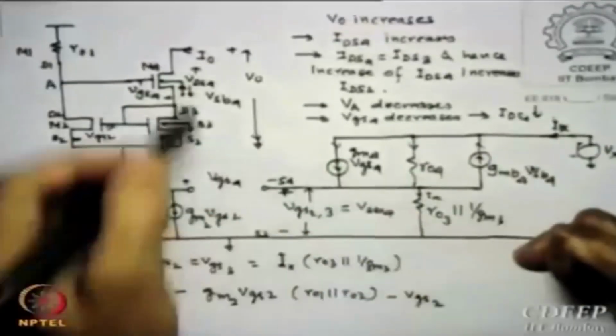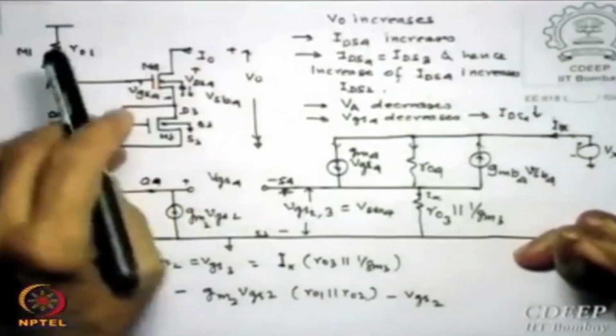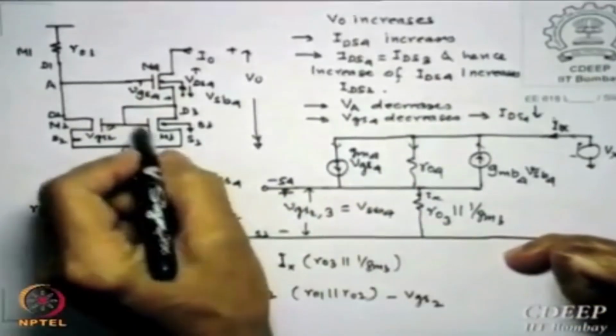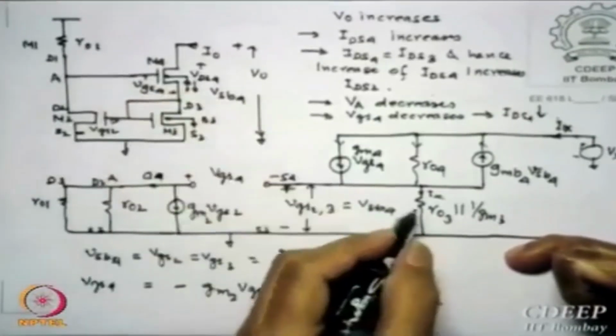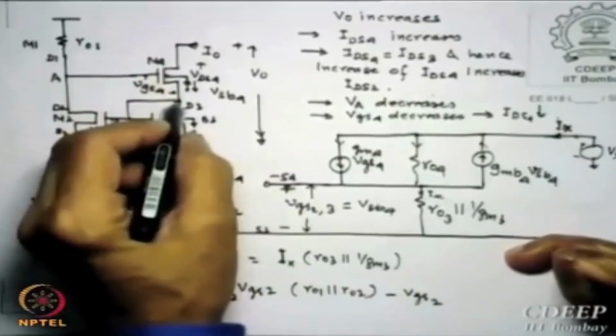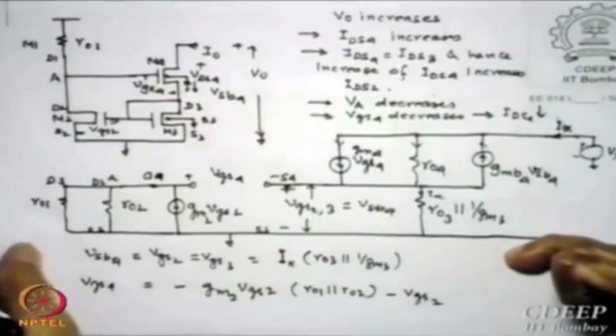If you see this figure, this voltage is this voltage plus VGS. I repeat, this is VGS, you have come here plus VDS, is that correct? I repeat again, this voltage is the same as you reach here, this plus VDS of this is the VD4.